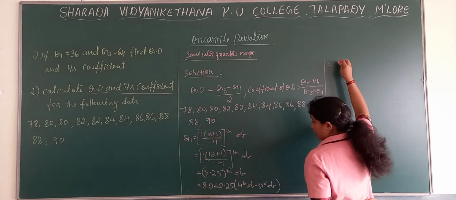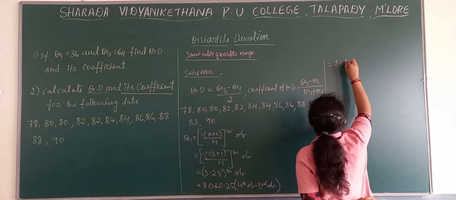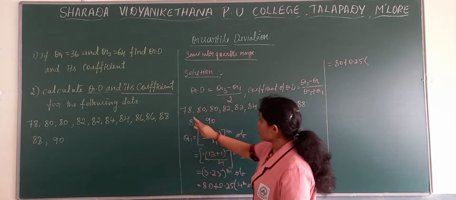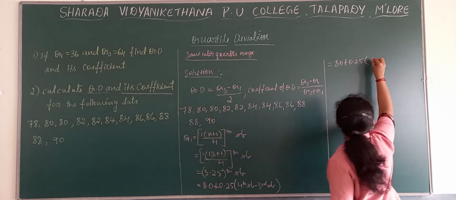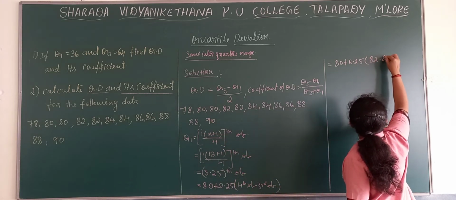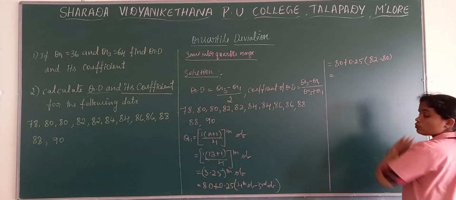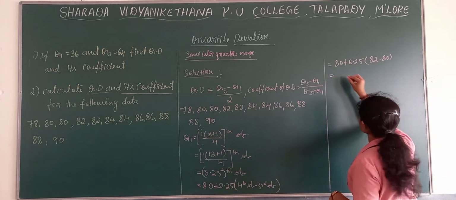The 4th observation is 82. So 82 minus 80, you will get 2.